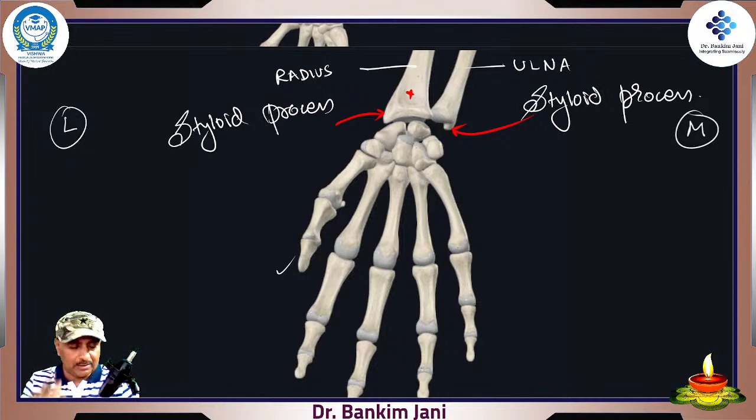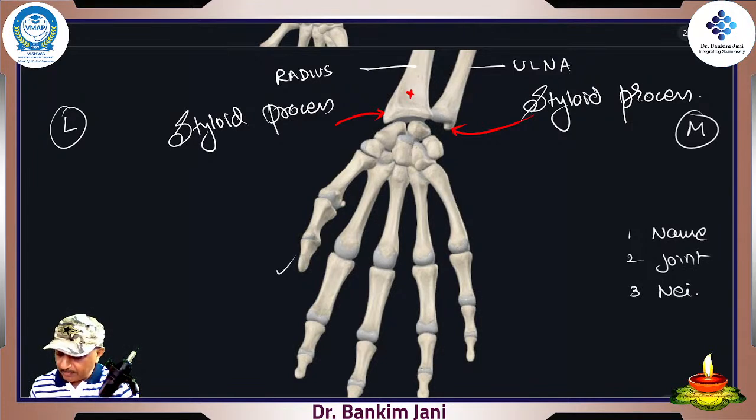If you make these three concepts, the entire joint becomes very easy. 1, name. 2nd, the joint formation. And 3rd, who are the neighbors? Because it is not necessary that every time they will be making a joint with the neighbor. So do remember these 3 points.